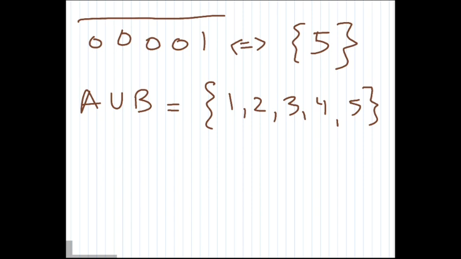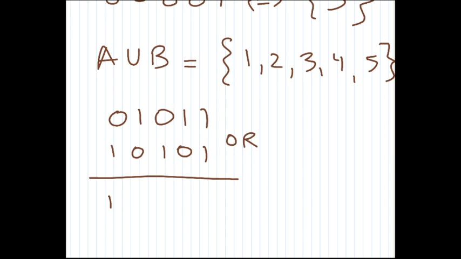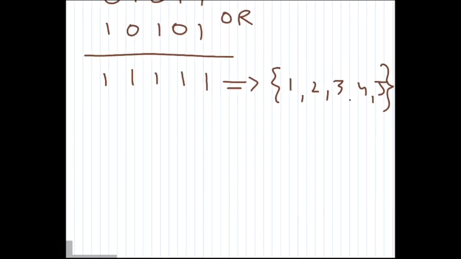Now let's use the OR operation in finding A union B. So we do OR, and we can see this is 1 1 1 1 and 1, which corresponds to U itself. Okay, and then we talk about complement.